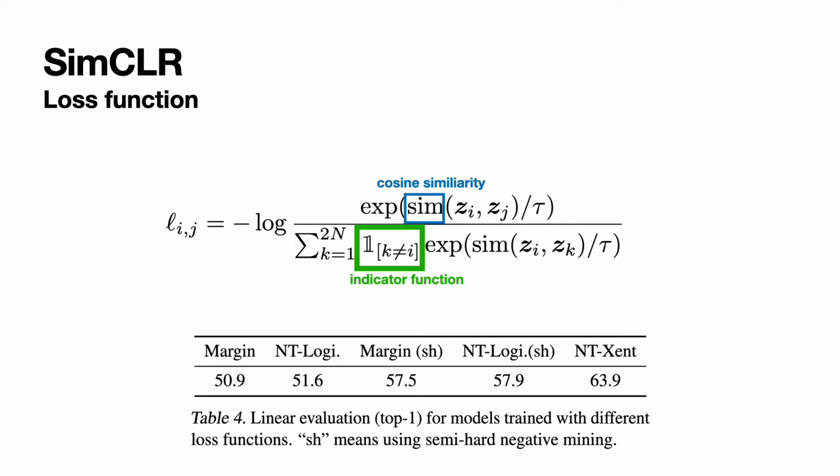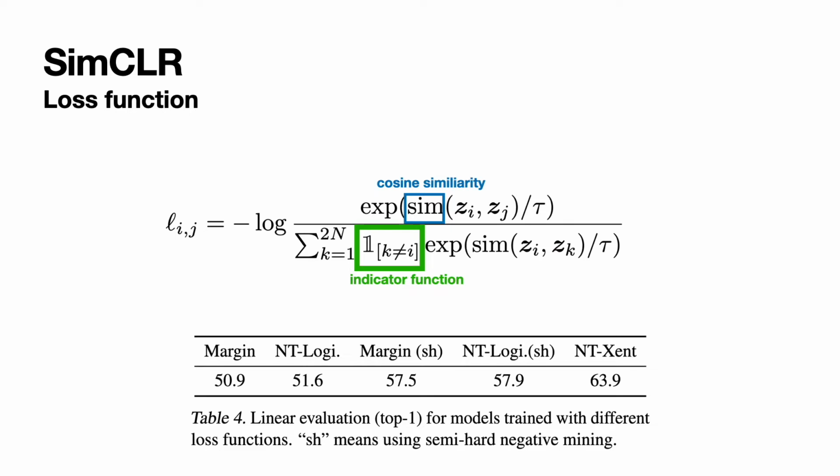This loss is termed the normalized temperature-scaled cross entropy loss. Function sim is cosine similarity between two representation vectors, and tau is the temperature parameter, which can help the model learn from hard negatives. You can see the term in the green box. It is an indicator function evaluating to 1 if and only if k is not equal to i.